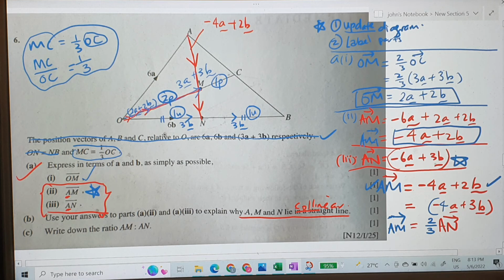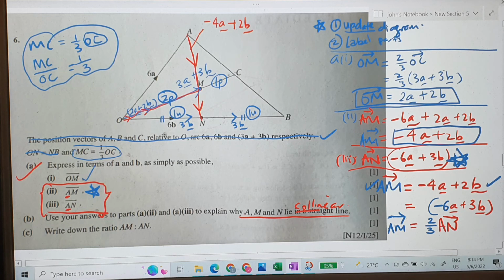So I simply copied this AN. Sorry, I think I made a mistake here. It should be minus 6. I simply copied this here to here because this is my AN. This whole thing here is my AN. So I copied this here.